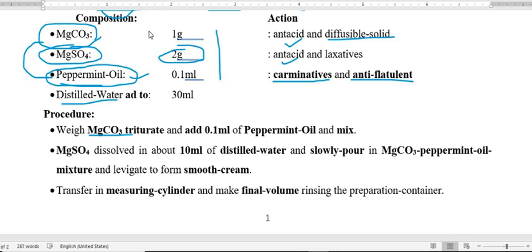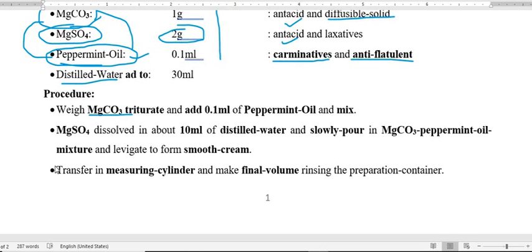In another container we take the magnesium sulfate, triturate it well, and add distilled water, about 10 to 20 ml, to make a suspension or solution of magnesium sulfate. In the other container is the suspension of the magnesium carbonate with the peppermint oil.